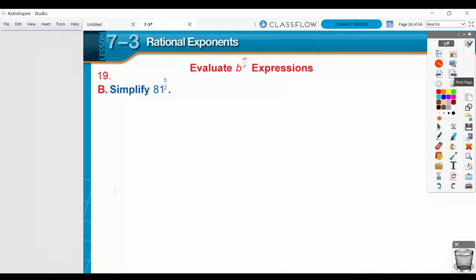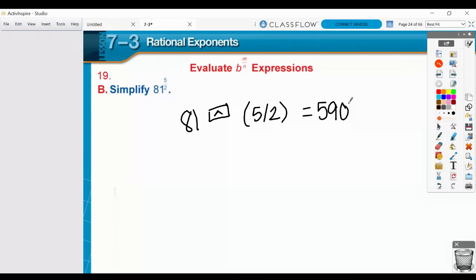Okay, the next one, 81 to the 5/2 power. So 81 raised to the 5/2 power. And you should get 59,049.